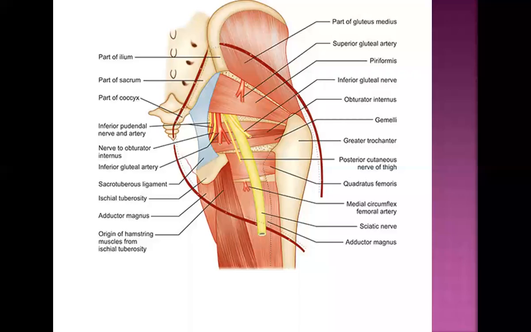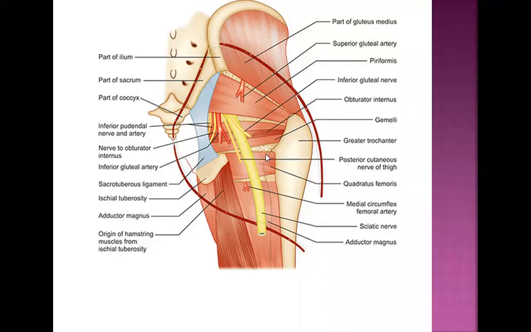Anyone? Yes, it means twin. Good. So the muscle gemellus is named so because it is paired. The muscle present superiorly is superior gemellus, and the muscle present inferiorly is the inferior gemellus. Together with the tendon of obturator internus, this whole structure is called the tricipital tendon.